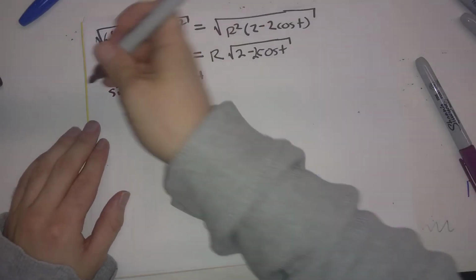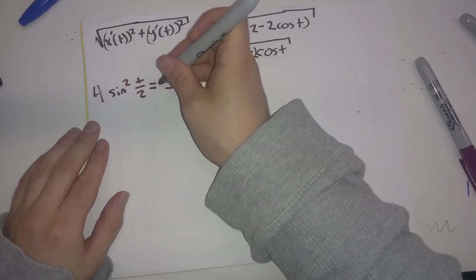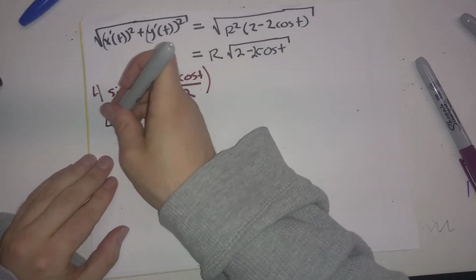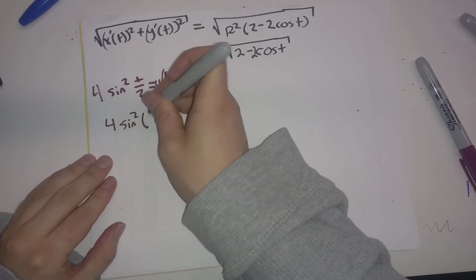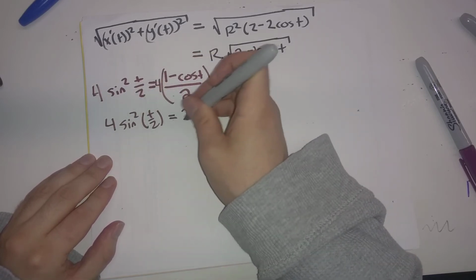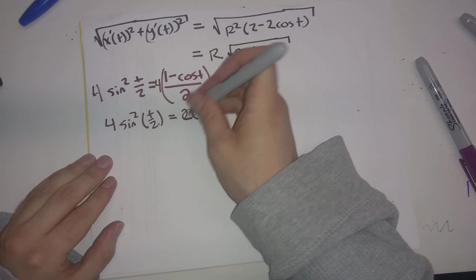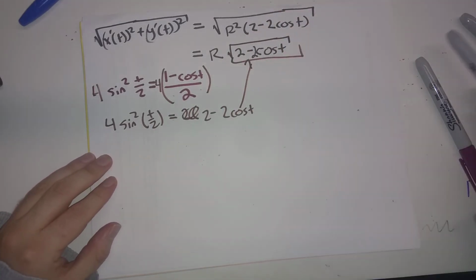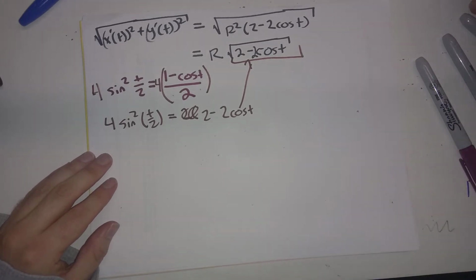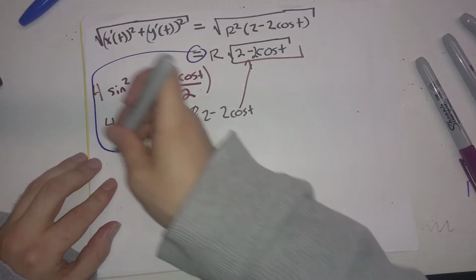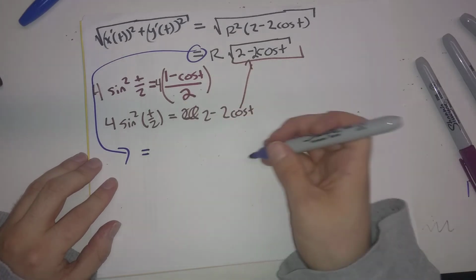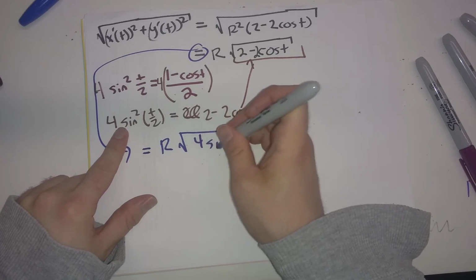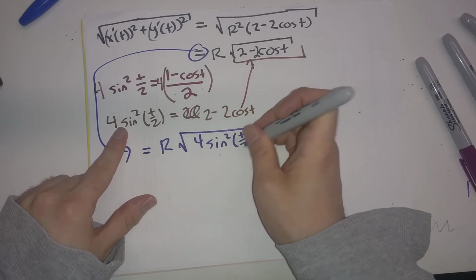So if we multiply this by 4 and this by 4, we end up with 4 sine squared of t over 2 is equal to 2 minus 2 cosine t, which is exactly what is under our square root. So this we can now rewrite as r times the square root of 4 sine squared of t over 2.